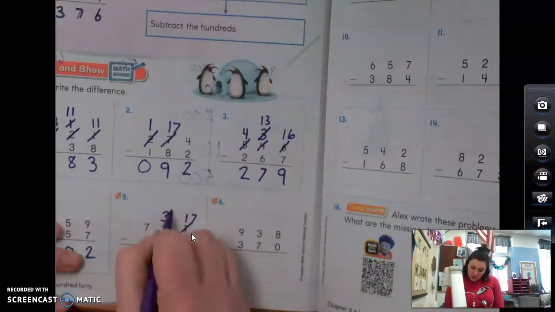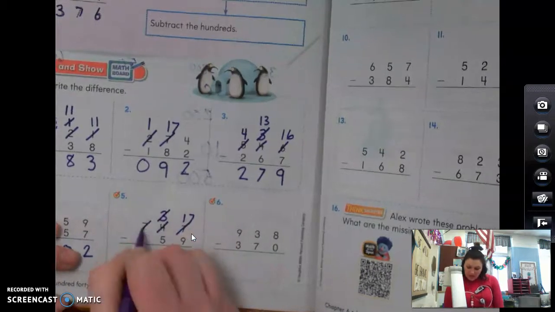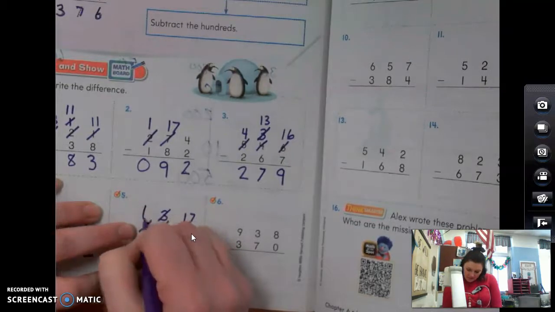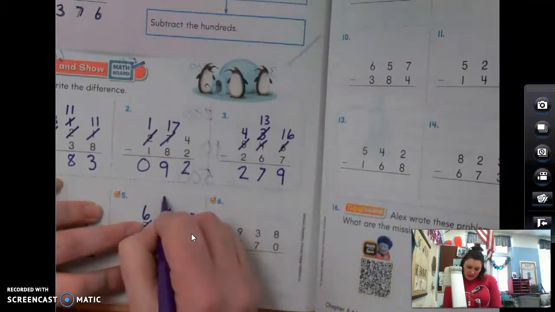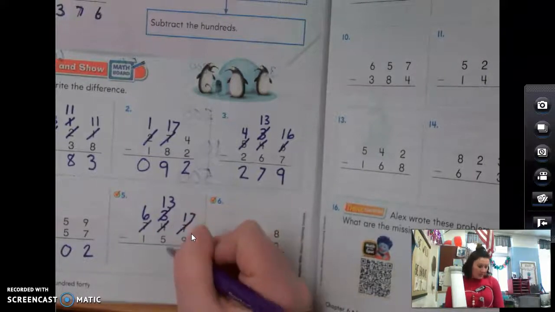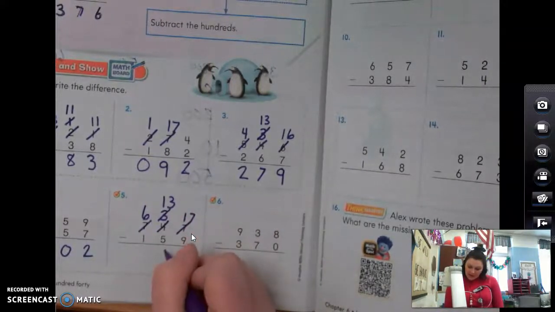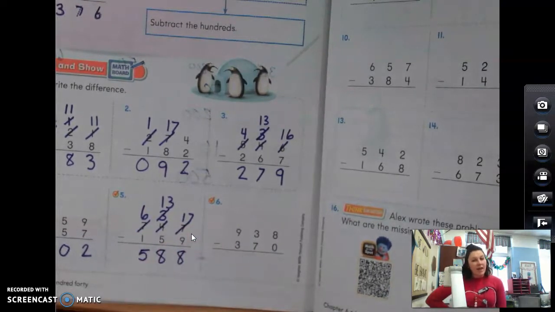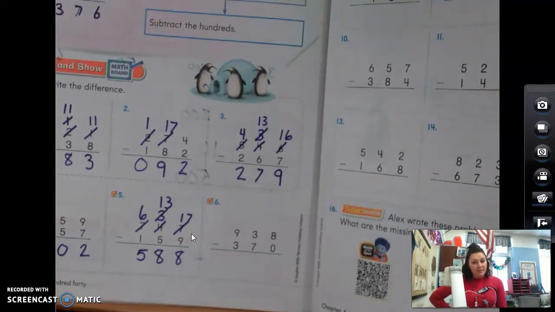So you're going to cross out the 3, cross out the 7. The 7 becomes 6, and the 3 becomes 13. 13 minus 5 is 8. 6 minus 1 is 5. 588 is the answer there.